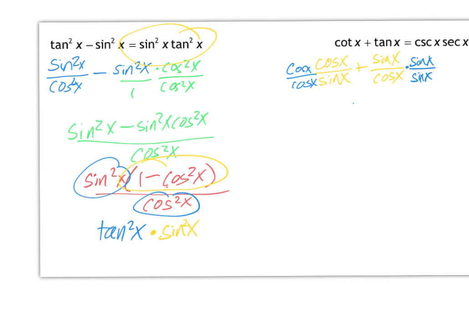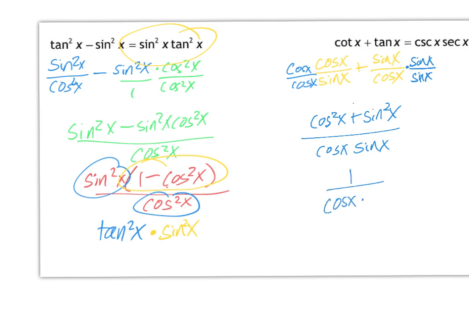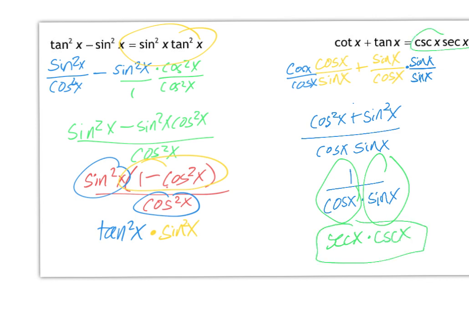So the top of this is going to become cosine squared x plus sine squared x. The bottom, cosine x times sine x. Hopefully we realize that cosine squared plus sine squared is going to be 1. So we've got 1 over cosine x sine x. And what we're going to do is say that 1 over cosine x is secant of x. 1 over sine x is going to be cosecant of x. And that's what we're trying to get to.